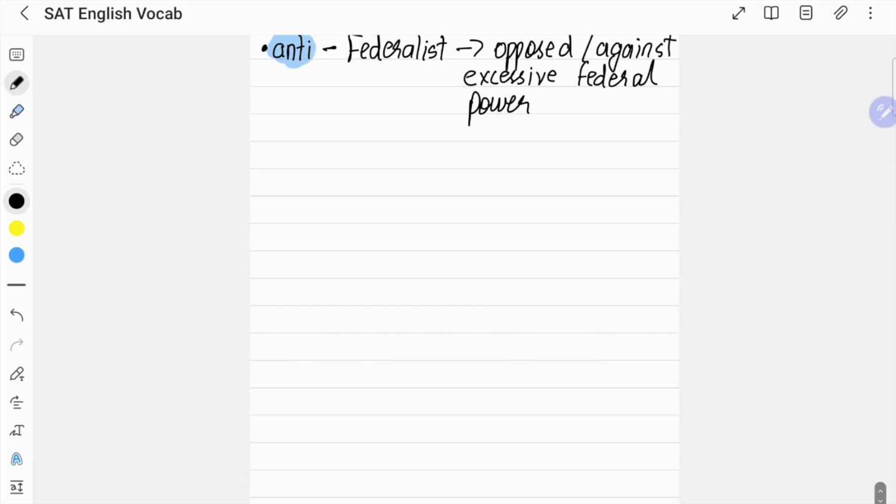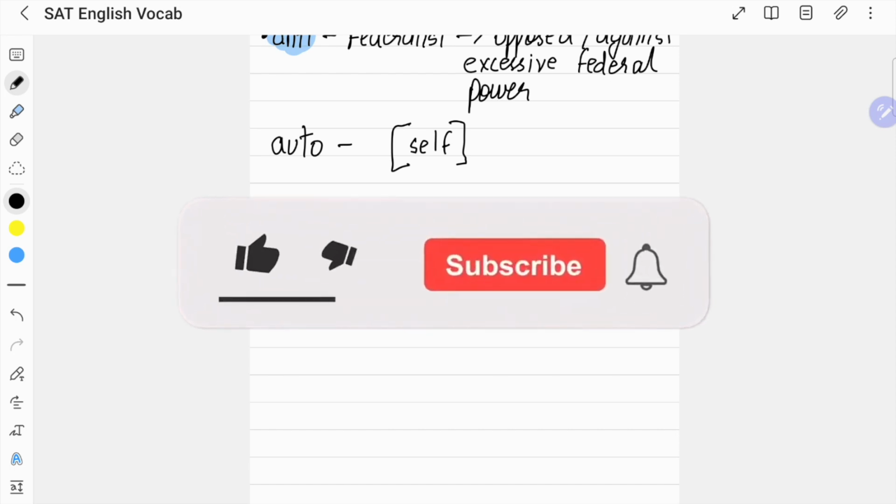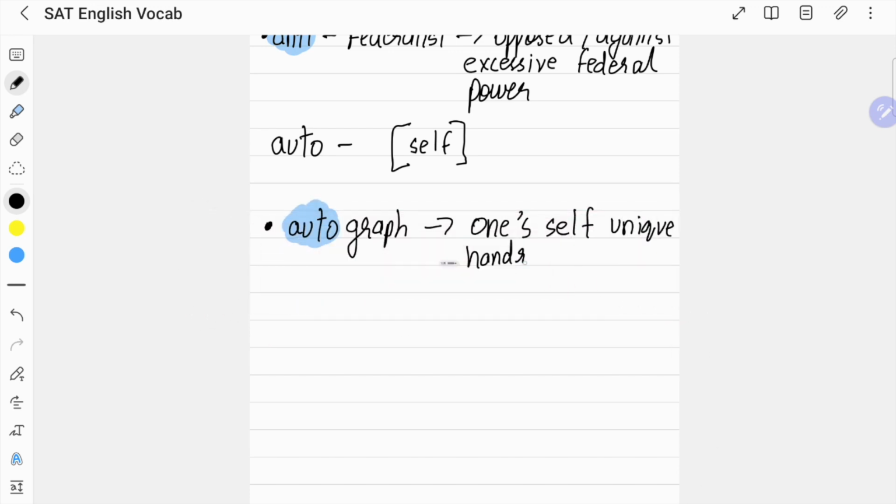Alright. So another root word we can use is auto, which means self. Let's take the word autograph. This is one's self unique handwriting. Most people say that an autograph is a type of signature, but it's actually one's self unique handwriting.